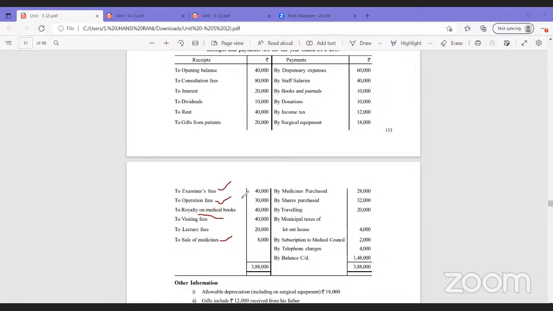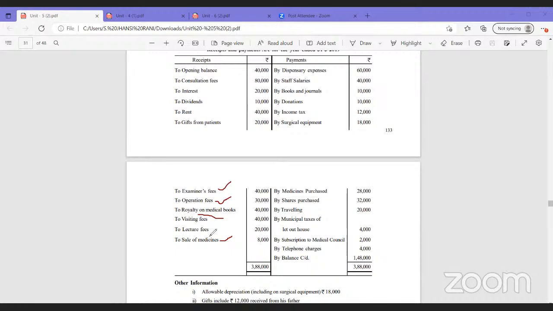If anything is mentioned below, like any adjustment given, then we'll decide. Otherwise, it can be written as a note: lecture fees are taken as income if he's teaching in a medical college. Then it will be taken. Otherwise, it won't be taken.